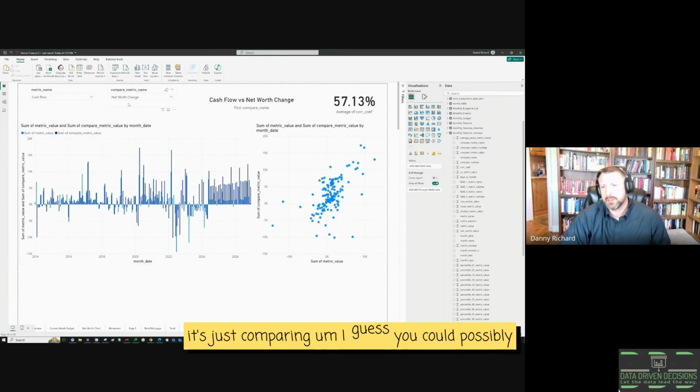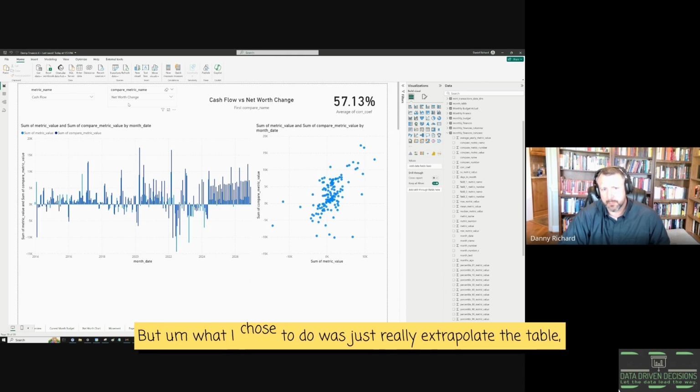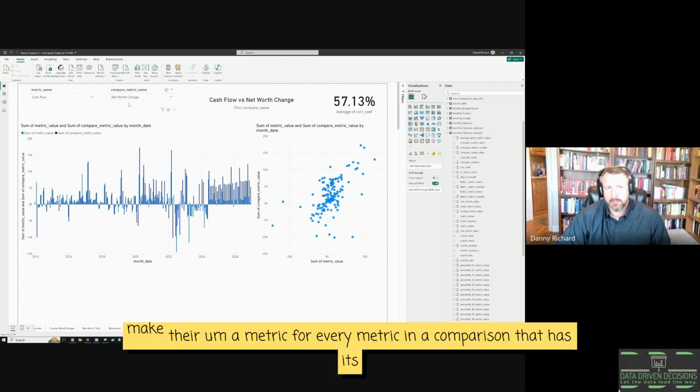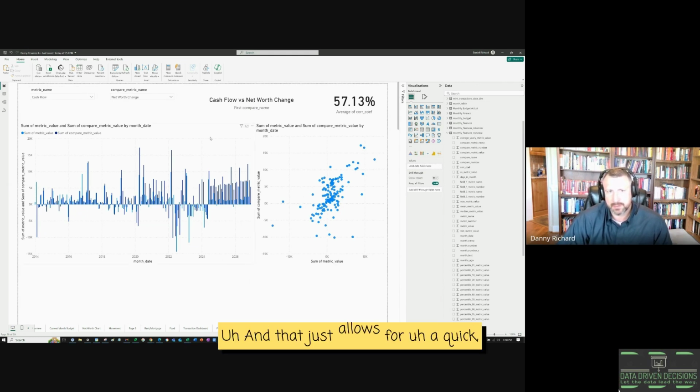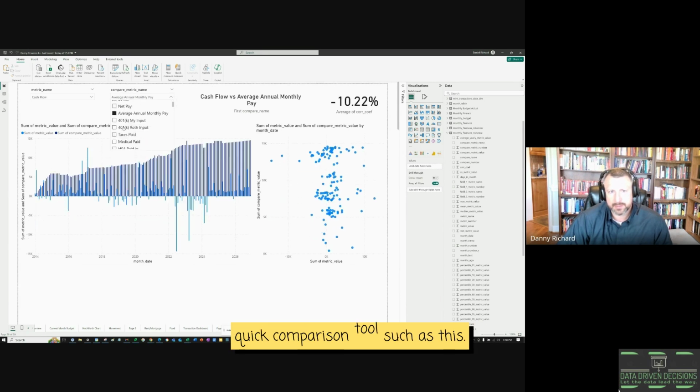I guess you could possibly do a parameter to try to get something like this, but what I chose to do was just really extrapolate the table, make there a metric for every metric in a comparison that has its own rows of data, each comparison, and that just allows for a quick comparison tool such as this.